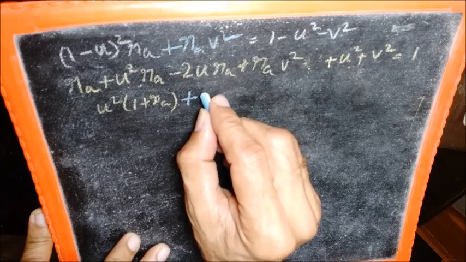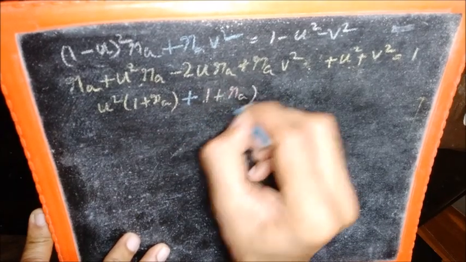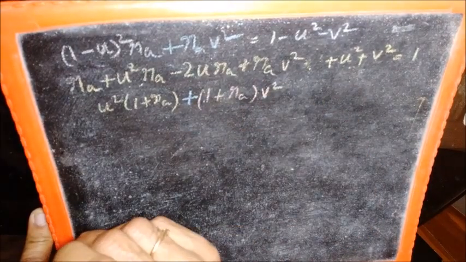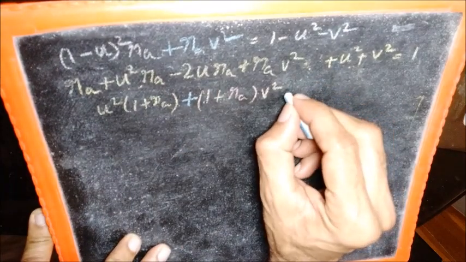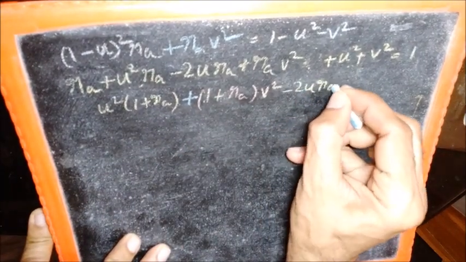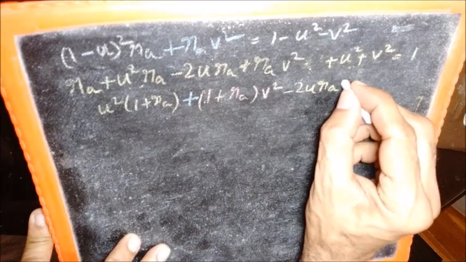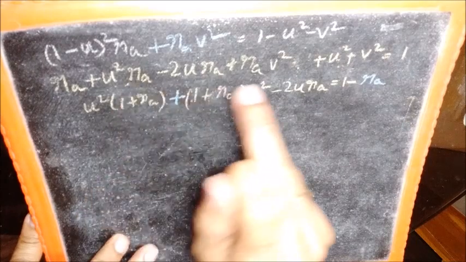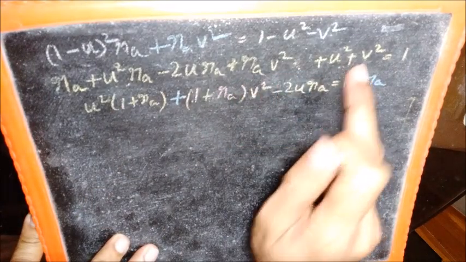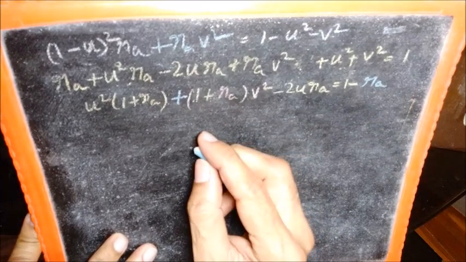So I get 1 plus RA v square, and then I have minus 2u RA, and the RA that is left here, we will take it over here to get 1 minus RA. So u square terms combined, v square terms combined, this is retained as it is, this RA is taken over there, so you get 1 minus RA.